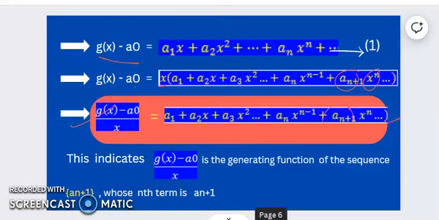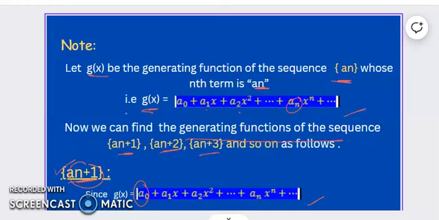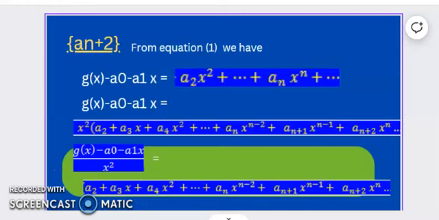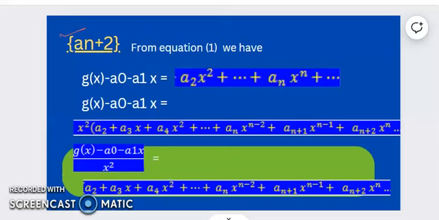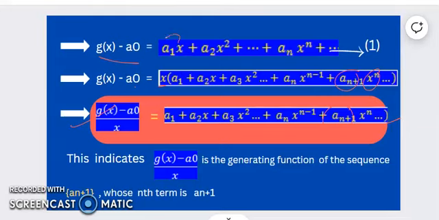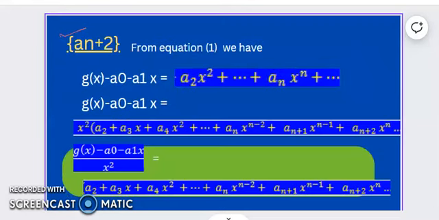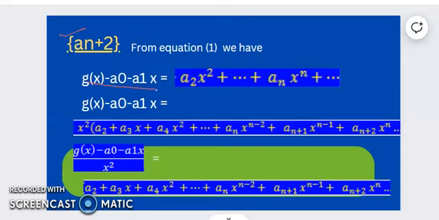Now we are going to find the generating function for the sequence a(n+2), whose nth term is a(n+2). So we take two terms. Using equation number 1, we take another term, a1x, to the left hand side of this equation. Then g of x minus a0 minus a1x equals the remaining terms of equation 1, that is a2x square plus and so on plus a_n x power n plus and so on.